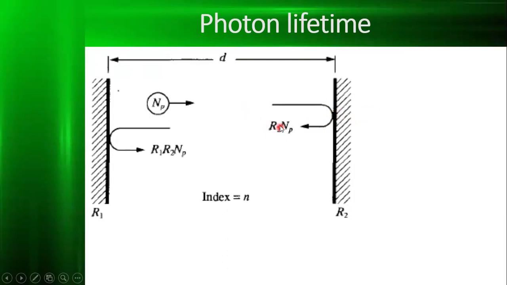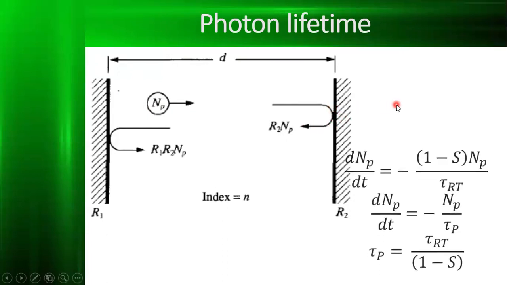Based on our knowledge that we have a reflection coefficient called R2, then R2 of this NB will be reflected, and 1 minus R2 of this NB will be transmitted. So very simple. When we say that the reflection of this mirror is 95%, and I have here 100 photons, that means when these 100 photons reach this point, 95 of these photons will be reflected, and 5 of these photons will be transmitted.